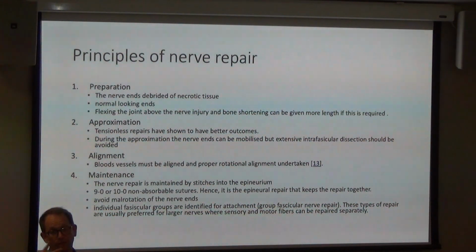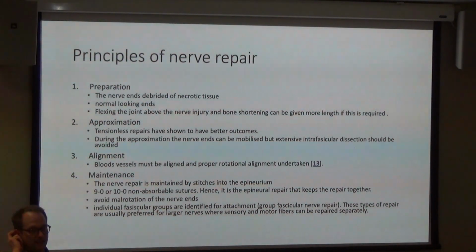If they've got 3 or 4 out of 10, I'll tell you why these figures in a second, then you're in a difficult situation. And that is the point where you need to know as a surgeon whether you injured the nerve or not. And it's difficult if you're not the one who's done the operation.